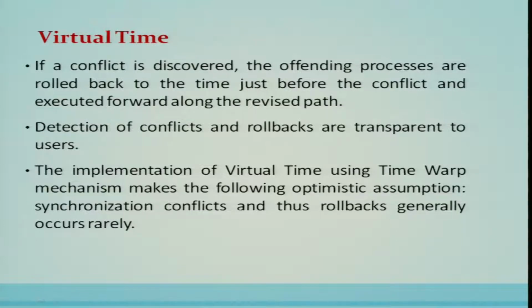Detection of conflicts and rollback are transparent to the user. The implementation of virtual time using the time warp mechanism makes the following optimistic assumption: that synchronization conflicts and rollbacks generally occur rarely. So it's not a frequent operation, the rollback or a conflict.